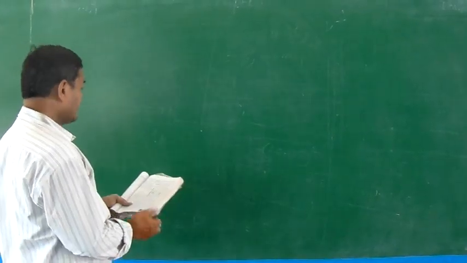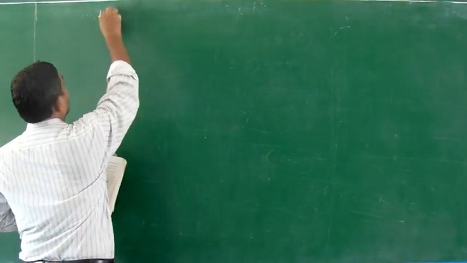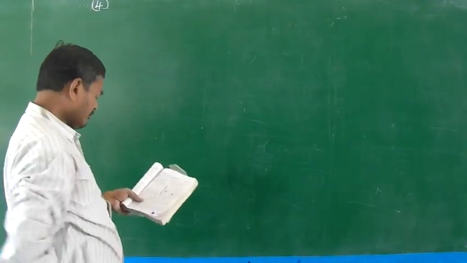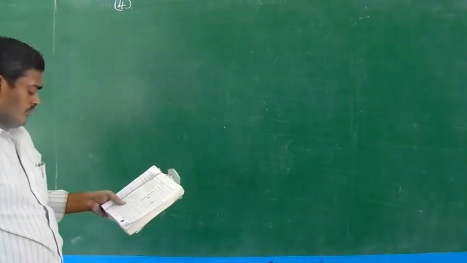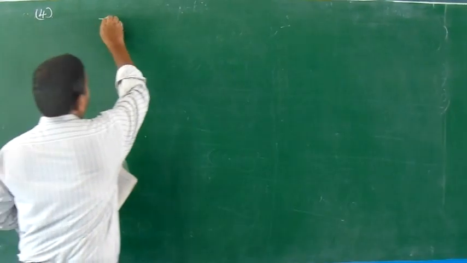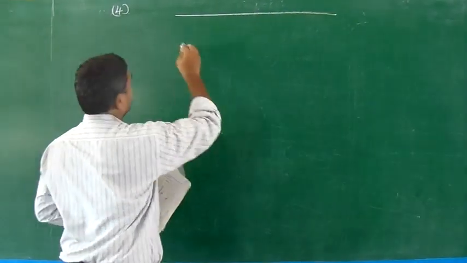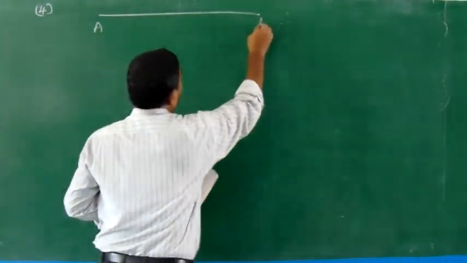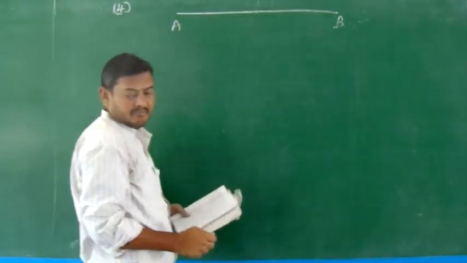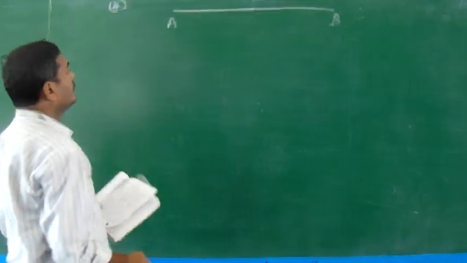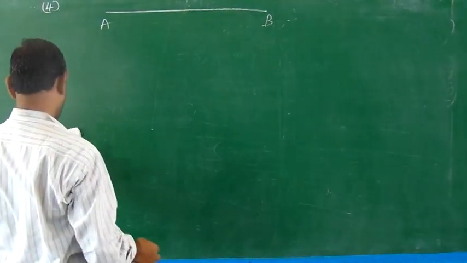Now come to the fourth question. What is given? They are asking us to find the ratio. A and B are given. What is A given?